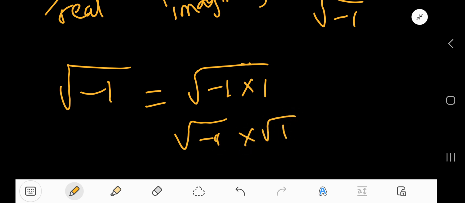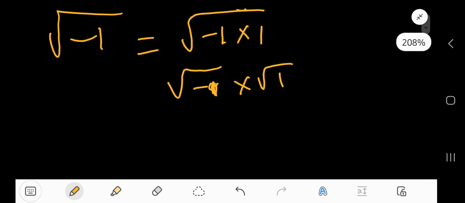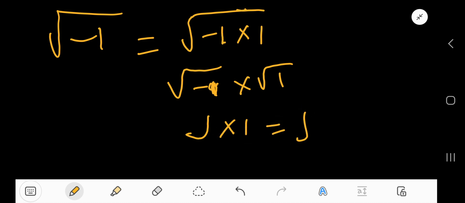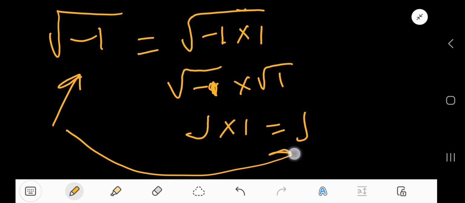I want to represent the square root of -1 as j. The square root of 1 is already 1, because 1 times 1 is 1. So the square root of -1 turns to j, times 1, which is j. So we can now represent the square root of -1 as j.